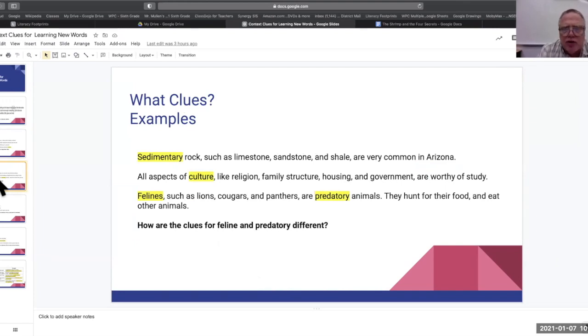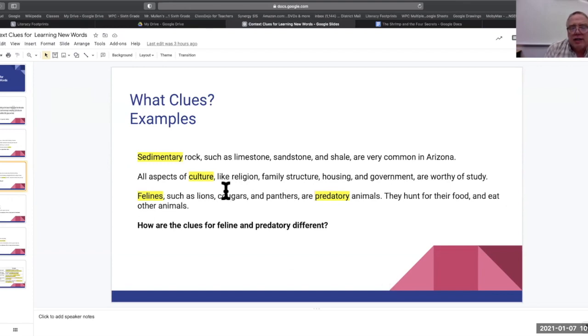Sedimentary rocks such as limestone, sandstone, and shale. Oh, do you see that's a list, isn't it? A list of what? Sedimentary rocks. So right in the context, it's giving us examples. Are very common in Arizona. Let's go to the second one. All aspects of culture, like religion, family structure, housing, and government, are worthy of study.